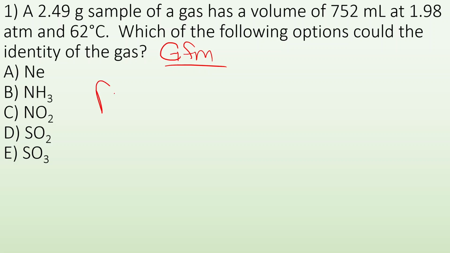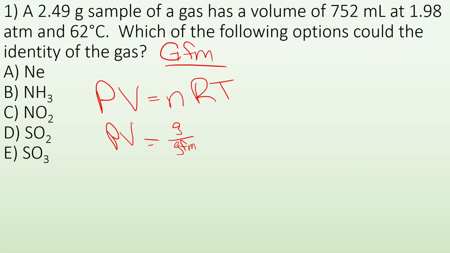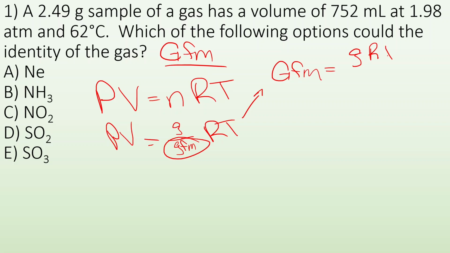I know PV equals nRT, and n is grams over the GFM, so I get PV equals grams over GFM times RT. In this case, I want to solve for the gram formula mass. So I do a little substitution. I multiply both sides by GFM and divide both sides by pressure times volume. I end up with the gram formula mass equals the grams times RT over the pressure times the volume.